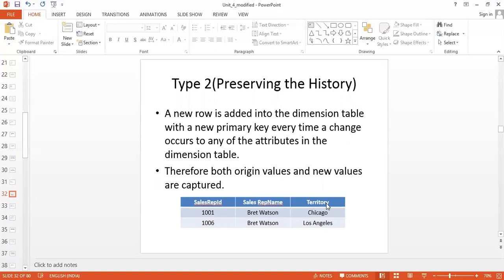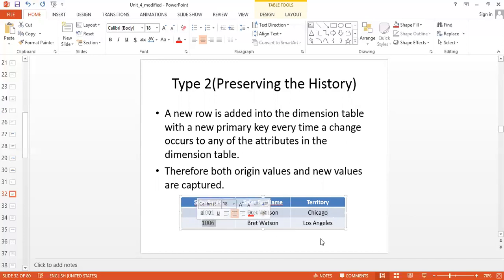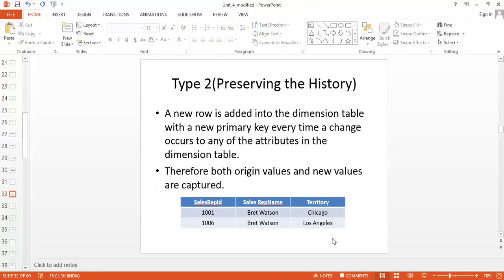So here we can see that earlier this was his original ID and his original location or territory, that is Chicago. Once he got transferred to Los Angeles, the history is maintained, and along with that a new primary key is generated and the new location is also updated. So in this type 2 we have a record of the previous location as well as the new location.